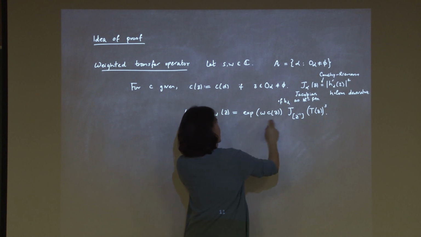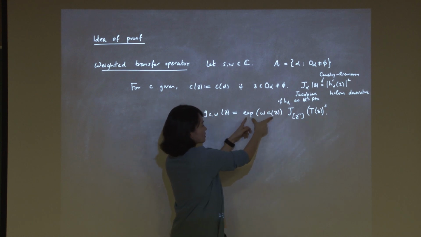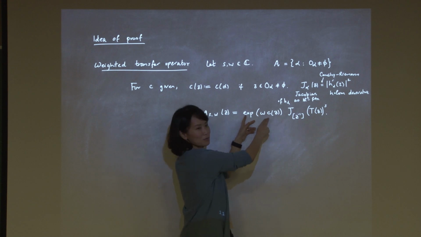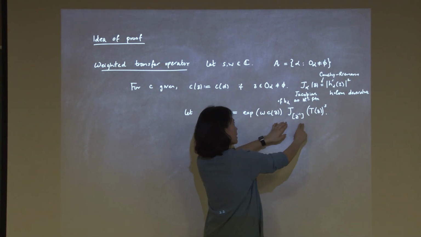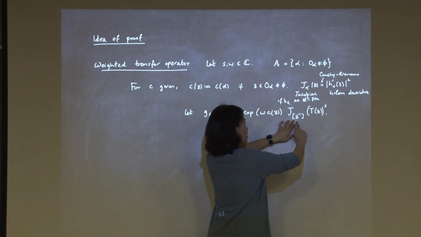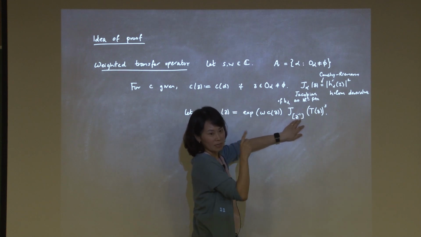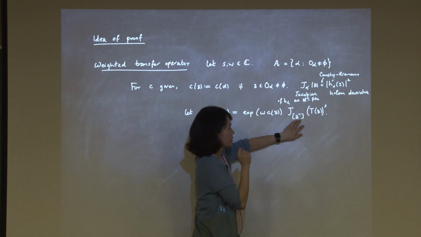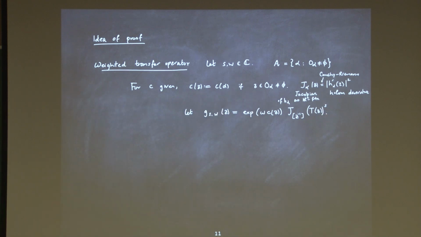It's exponential of something, like a potential. C is the digit cost, and then we have the Jacobian of the Gauss map at the integer part of C inverse, that is, the first digit A1 or alpha, raised to the power s. That's the weight that we need for the weighted transfer operator.